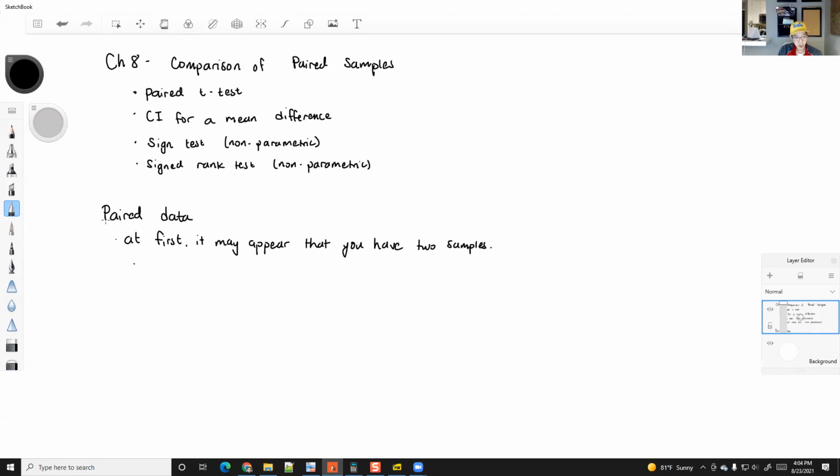Every observation in one sample is paired with an observation in the other.